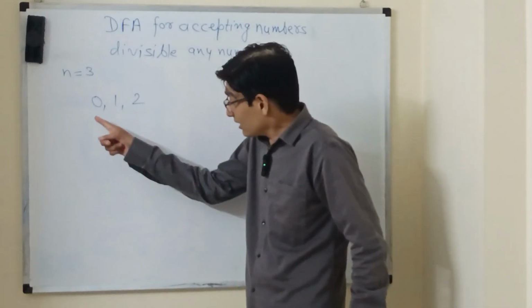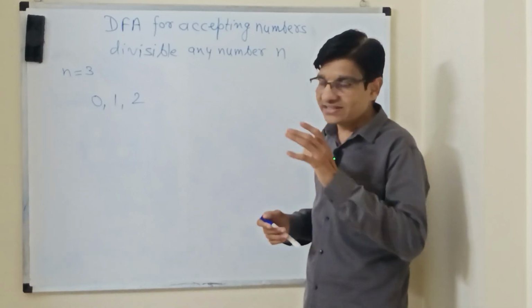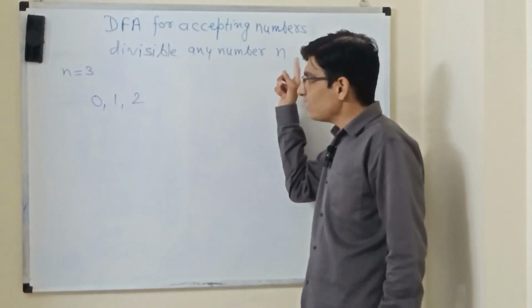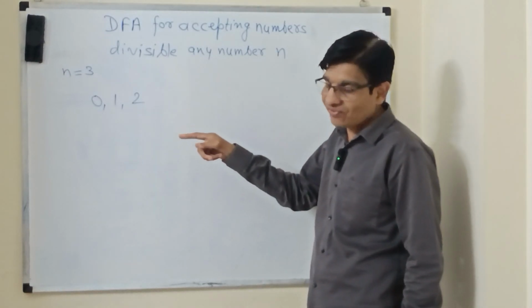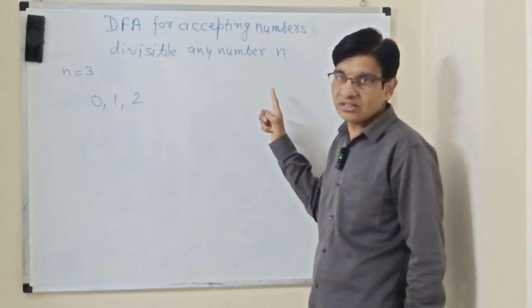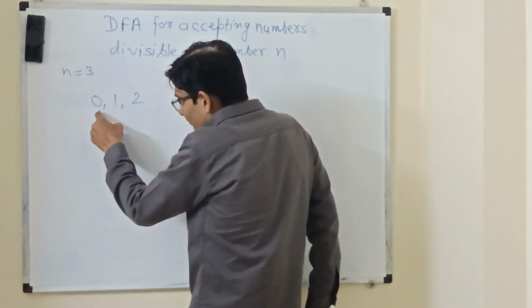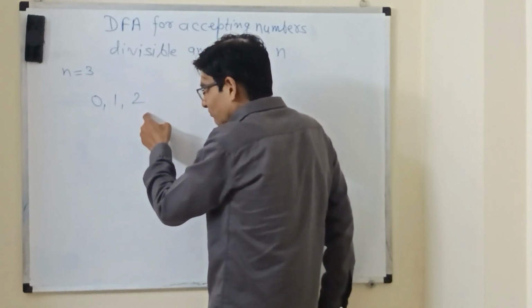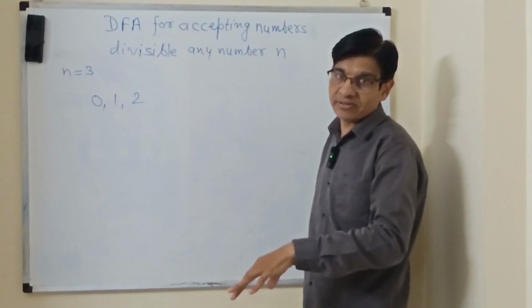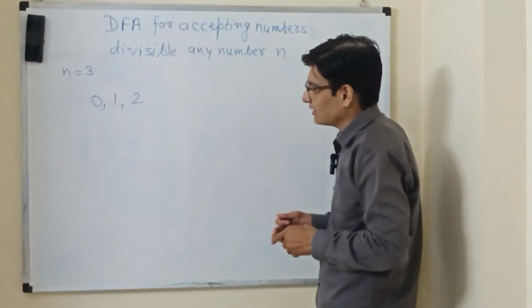So that machine will have only 3 states. For any value of n, if we are creating the DFA, we can have states 0 to n minus 1. Like for divisible by 3, we have 0 to 2, that means 3 states. For divisible by 4, we can have 4 states. For divisible by 5, we can have 5 states. In the same way, you can have these numbers.